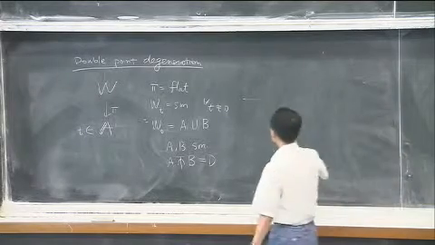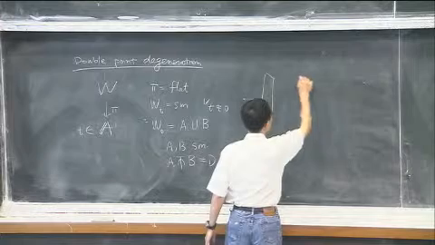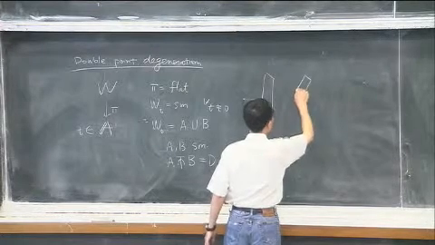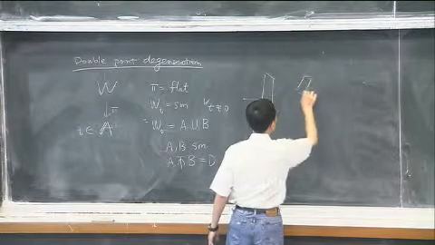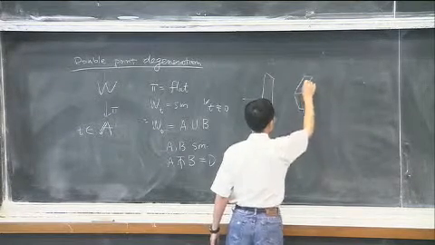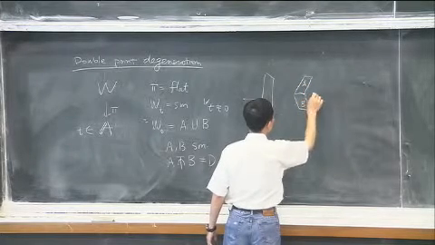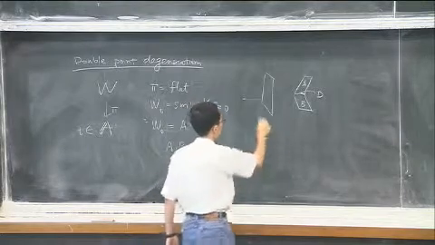So basically what you see here is something like smooth, smooth, and then at the center the central fiber becomes a double point degeneration. Maybe like this. And this is your A, B, and then your D. W_t.